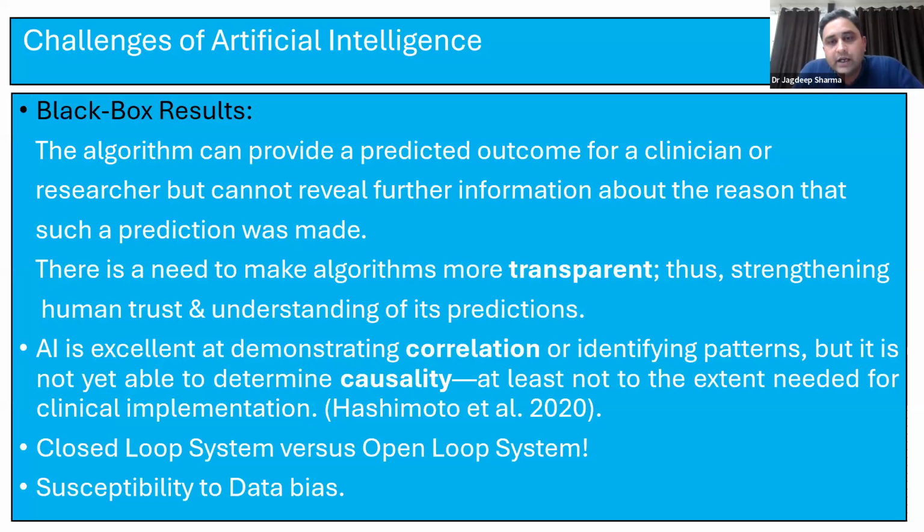So there is a need to make algorithms more transparent, strengthening human trust in understanding these predictions. AI is excellent at demonstrating correlation, identification or prediction in patterns, but it is not able to determine causality, which is at least the extent needed for clinical implementation.